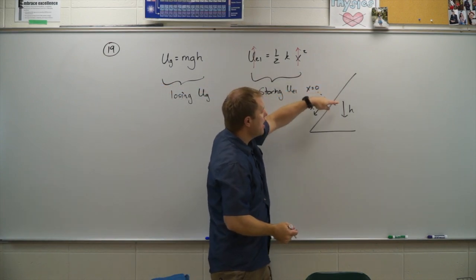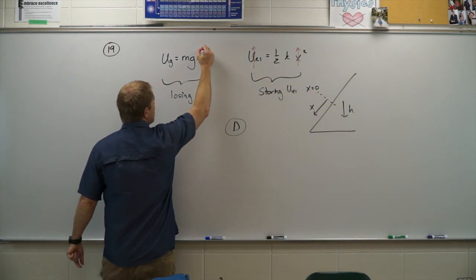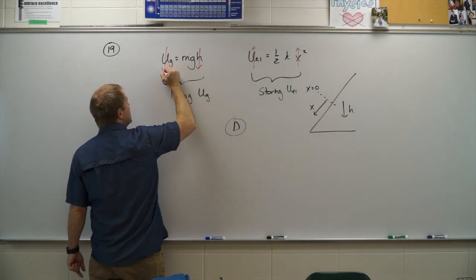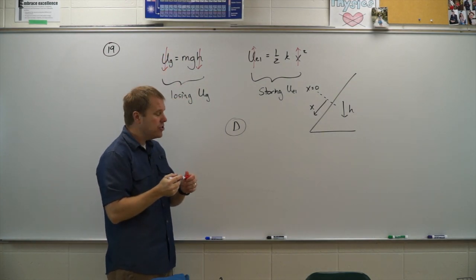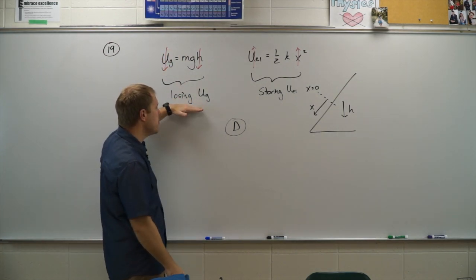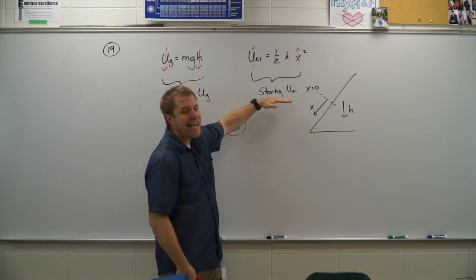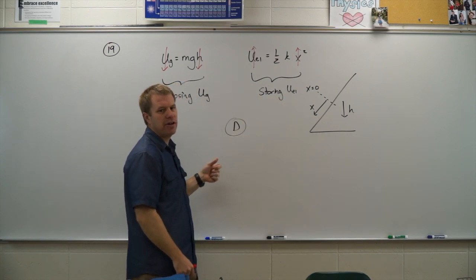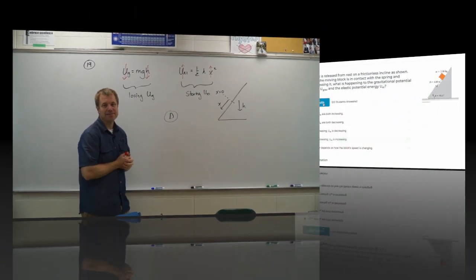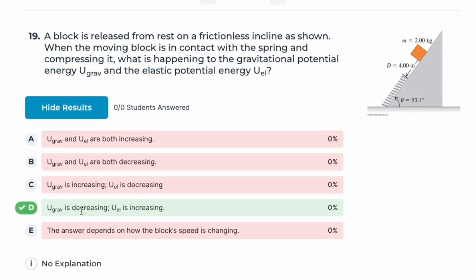As the block goes down, the height is decreasing, and so I'm decreasing the amount of gravitational potential energy that's stored. So we're losing gravitational potential energy and gaining elastic potential energy. So the correct answer there is D. Correct. UG is decreasing, UEL is increasing.